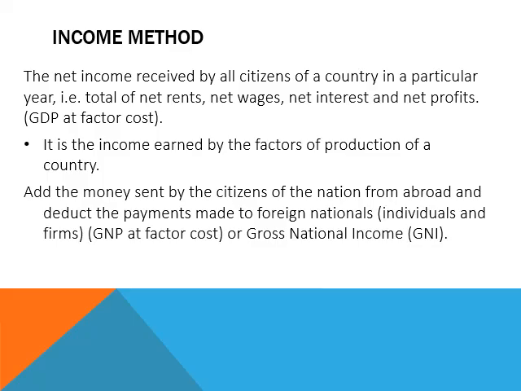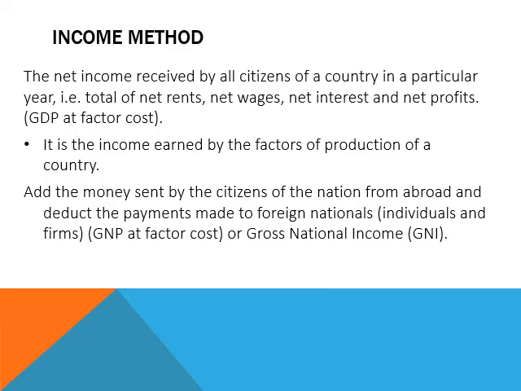So usually there are actually four factors of production: capital, labor, land or nature, and management.